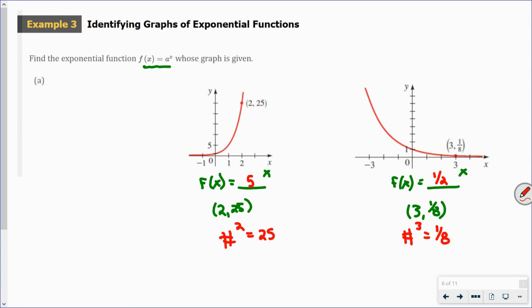We can play around with some of those and do the evolution of exponentials, and how some are more curved than others depending on the b value. How does 2 to the x versus 10 to the x versus 1/10 to the x, how do all of those compare? That's what we would do in the evolution of exponentials.